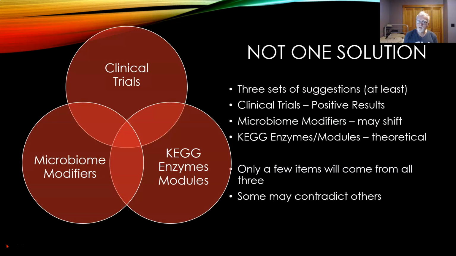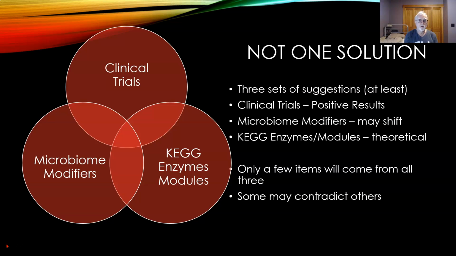The microbiome modifier information is not looking at a medical condition. It's simply saying, if we give alpha lipoic acid to a person at this dosage, how does the microbiome respond? It may be a control group, it may be an unhealthy group, etc.